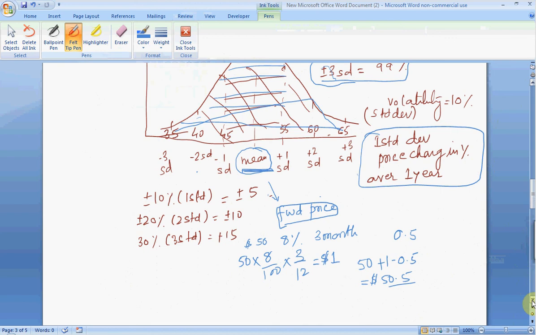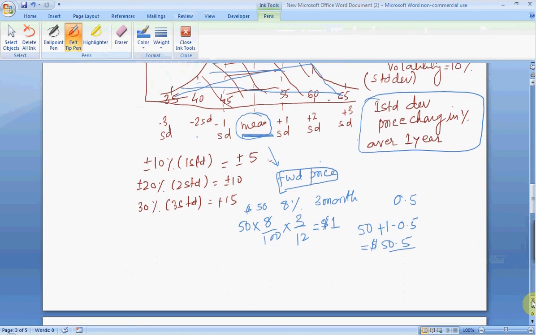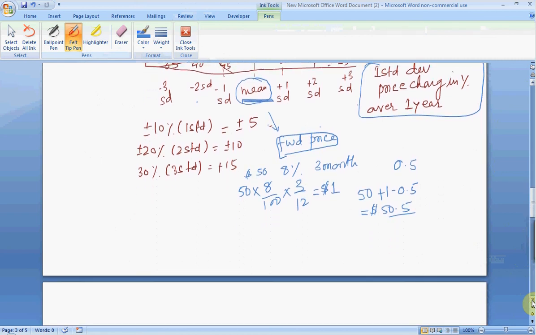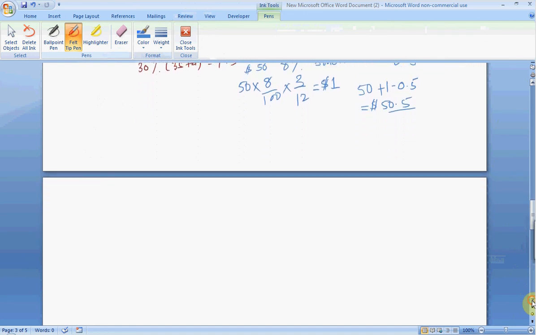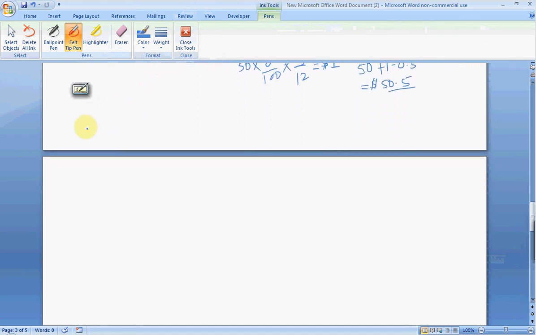This scenario is true only under very narrow guidelines, but this gives us an understanding of how we should proceed going forward and understand what volatility is. In the later part we will talk more about volatility, but volatility in broad terms is the standard deviation of the normal curve.